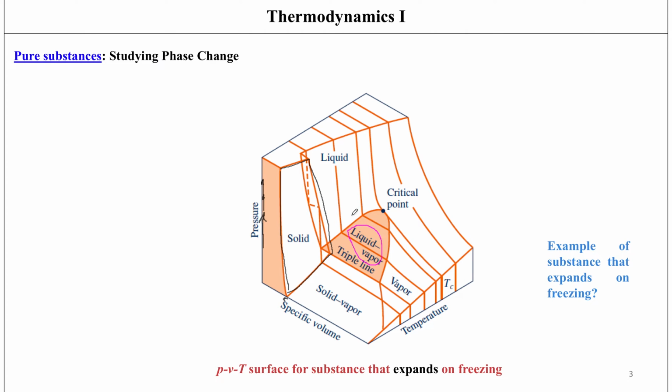What does that mean? I'll come to that in a minute, but this region is basically cordoned off by this line here, which is called the saturated liquid line, and then this line over here, which is called the saturated vapor line, okay? And then this line here, which is called the triple line.